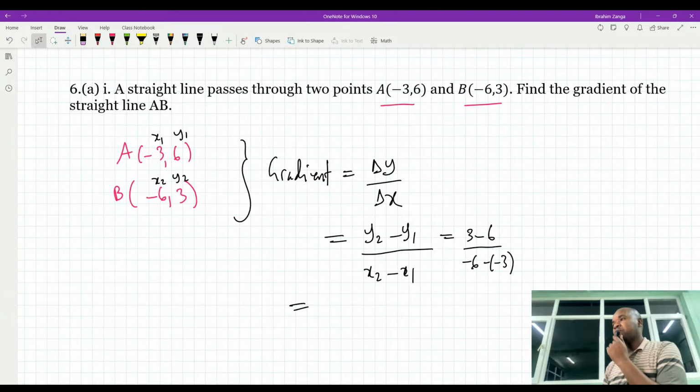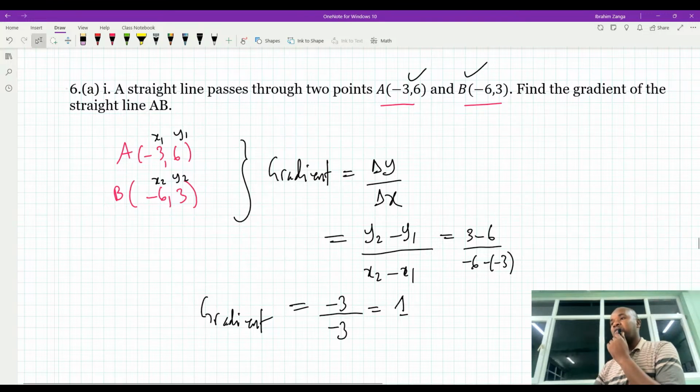And this is going to be equal to negative 3 in the numerator over negative 60 plus 3 will be negative 3. Eventually you get actually gradient equals to 1. So gradient when given these 2 points is equal to 1, dear students.